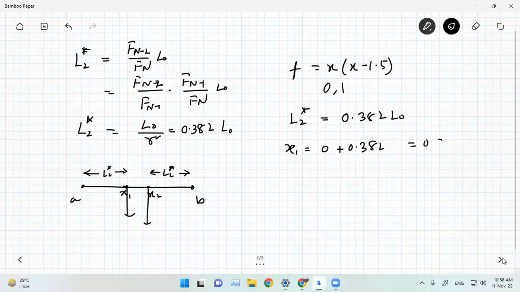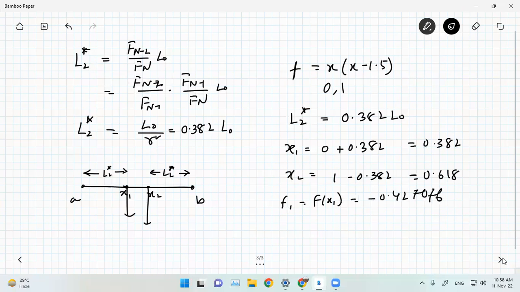0.382. And our X2 value will be 1 minus 0.382, that is 0.618. Next is to find F1, which is f(x1), and that will be minus 0.427076.